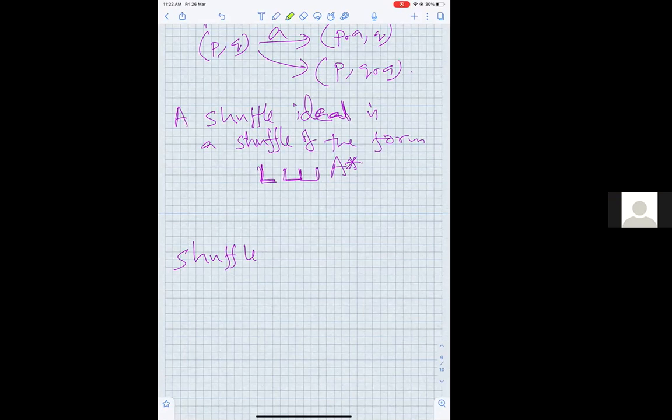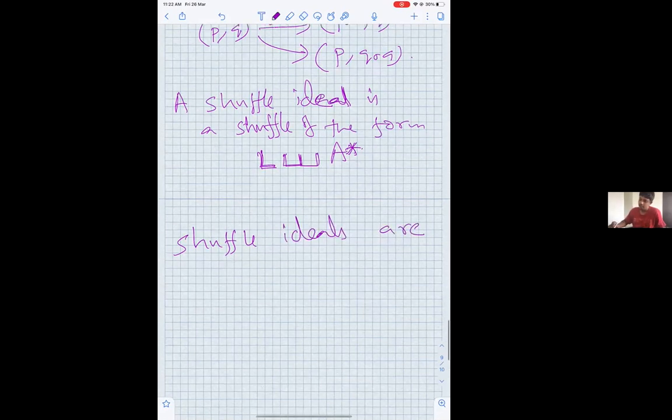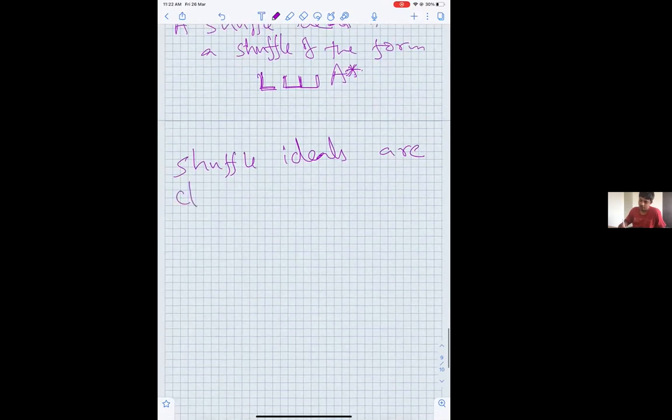So we could say that shuffle ideals are closed under superwords. What does that mean?